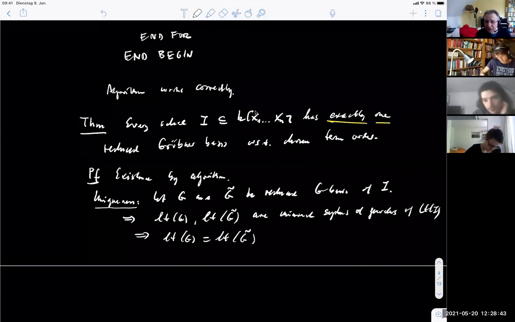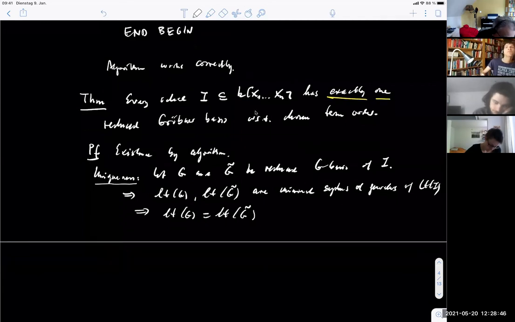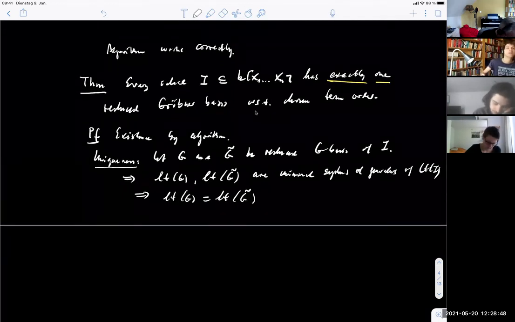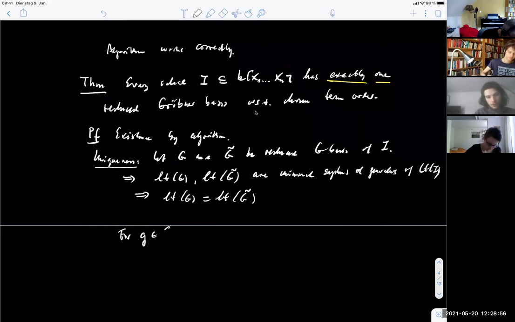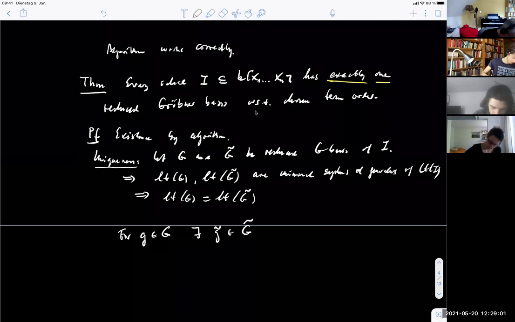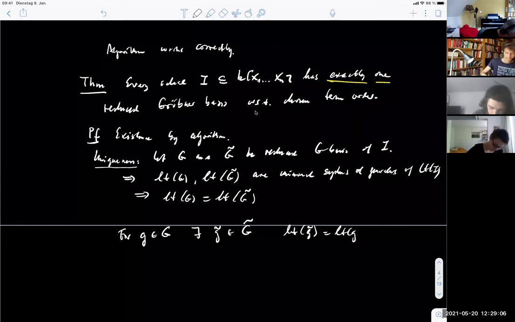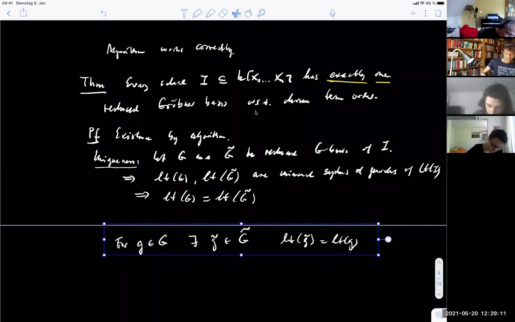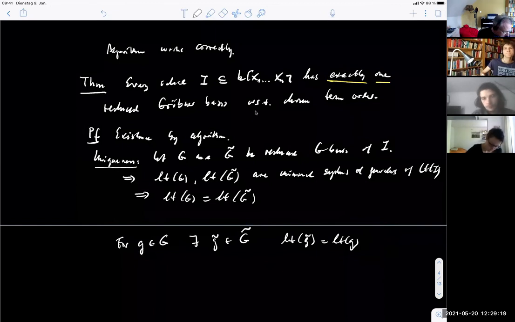This is the minimality of the minimal Gröbner basis, if you look at what happens in the leading terms. So if I have a g in G, there exists a g twiddle in G twiddle such that the leading term of g twiddle is the leading term of g. Okay, good. So now I want to show g must be equal to g twiddle.